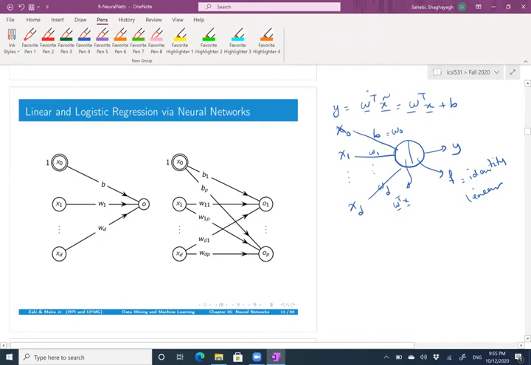Now, to talk more in the language of neural networks, we have to follow their symbols, right? What people usually do is that for X0, they put it in 2 circles as the augmentation variable that is always equal to 1.